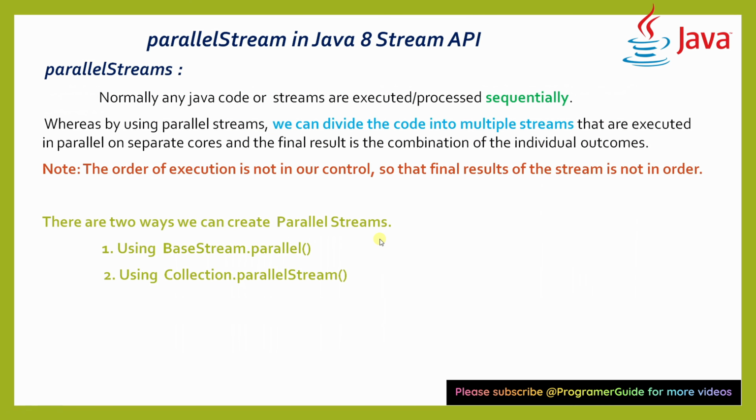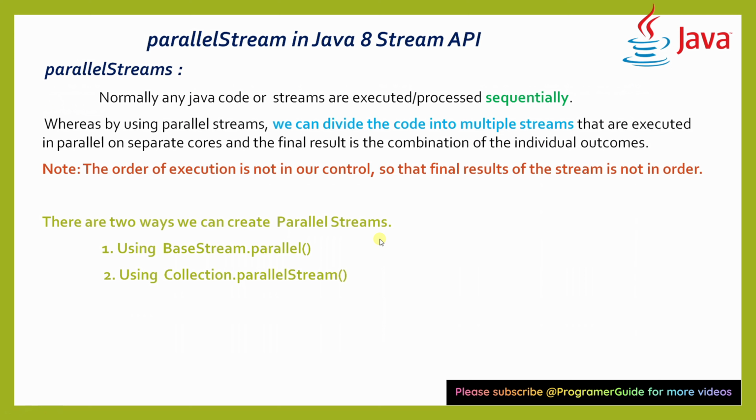See, in a normal Java program, each and every piece of code or stream executes sequentially. Even in collection programs, inheritance programs or thread class programs, it executes sequentially, one by one. But parallel streams work on multiple cores.